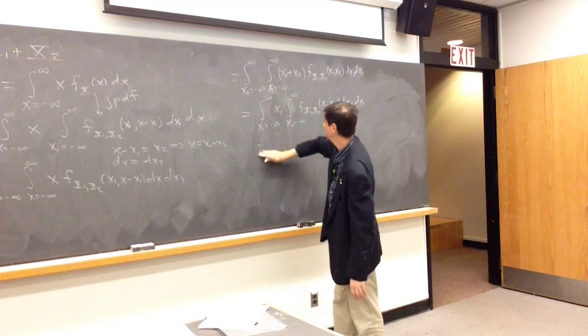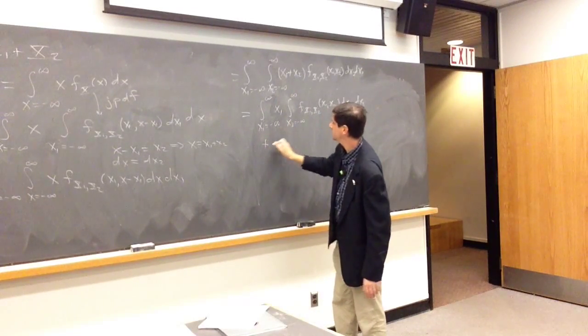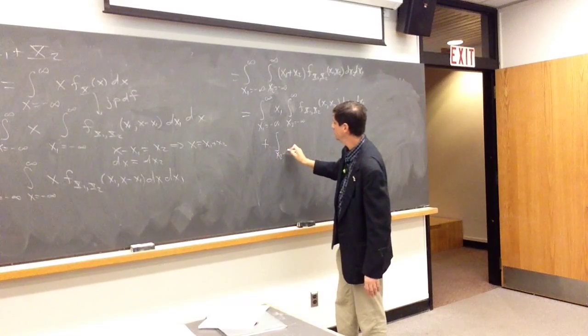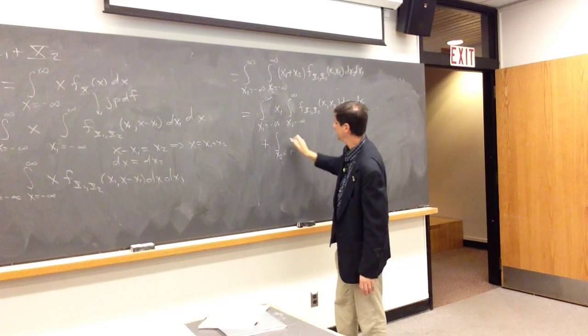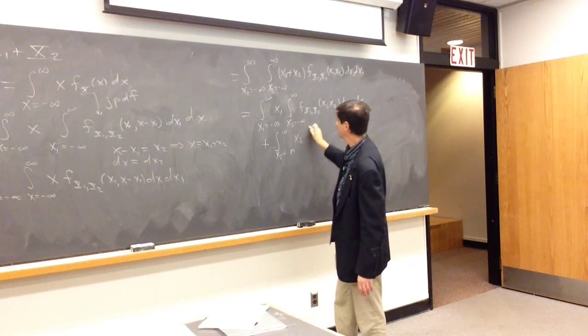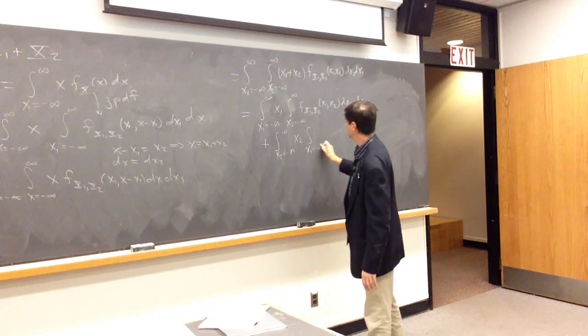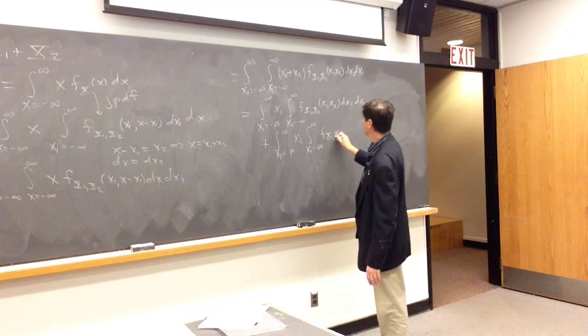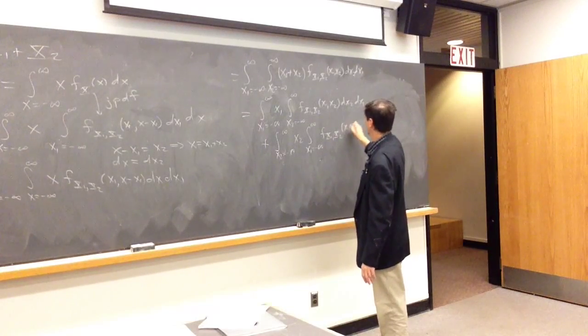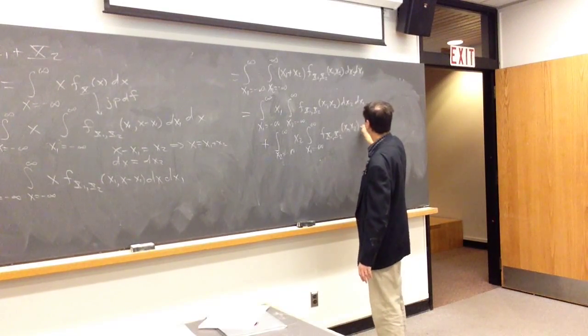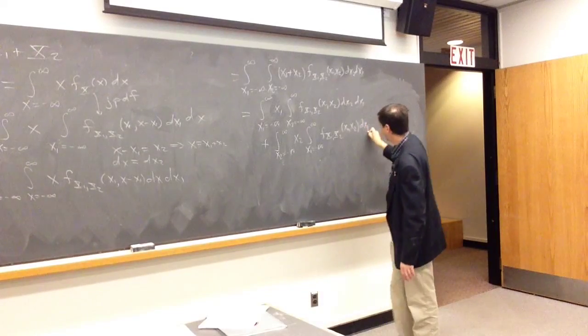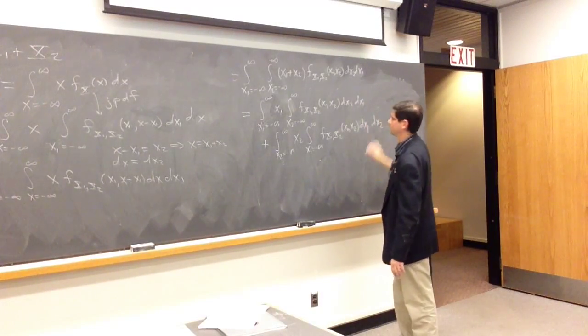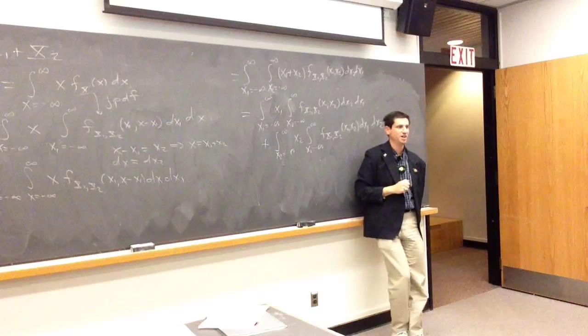And then the second one is going to be plus an integral x2 goes from minus infinity to infinity, x2, integral x1 goes from minus infinity to infinity, f(x1, x2)(x1, x2) dx1 dx2. We are almost done.